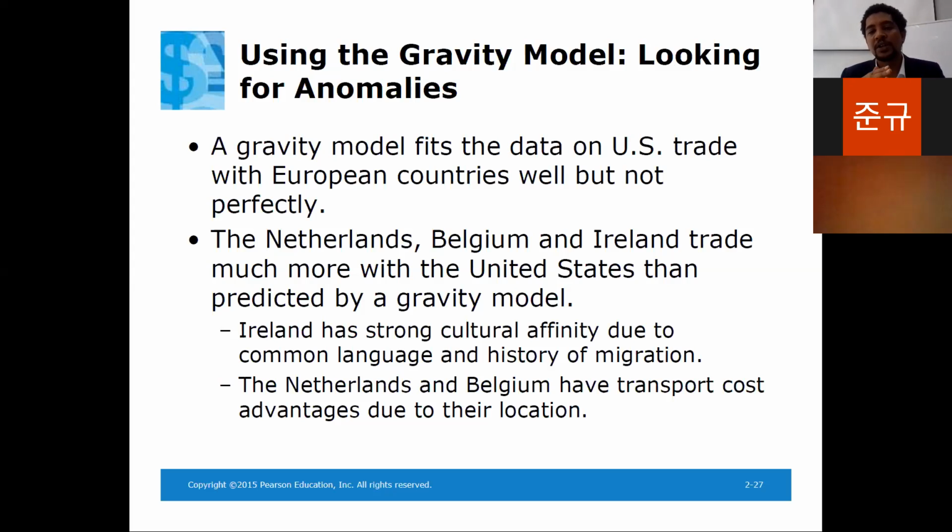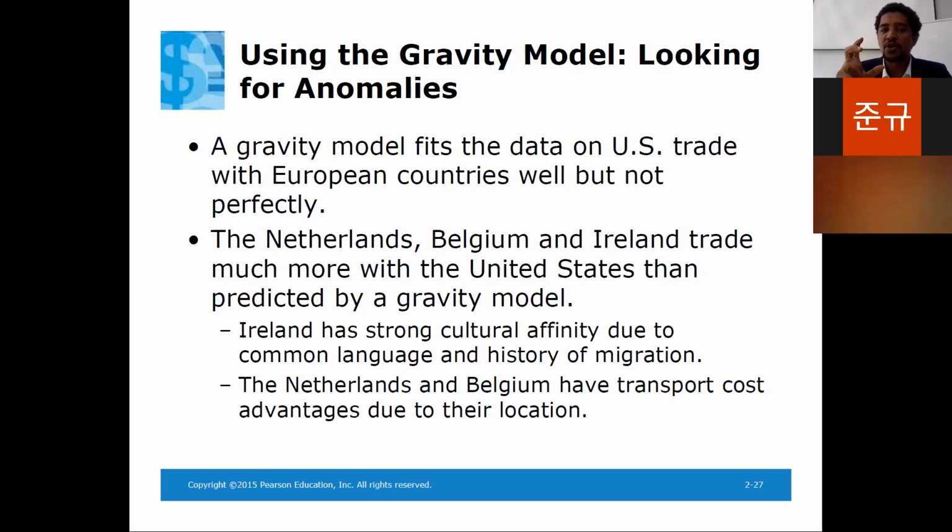So far, we talked about international trade being affected by the size of the economy of the country. But the other factor here is cultural affinity. Ireland has cultural affinity with the US, okay? Most of you might know that more than 10 million US citizens have migrated from Ireland, right?